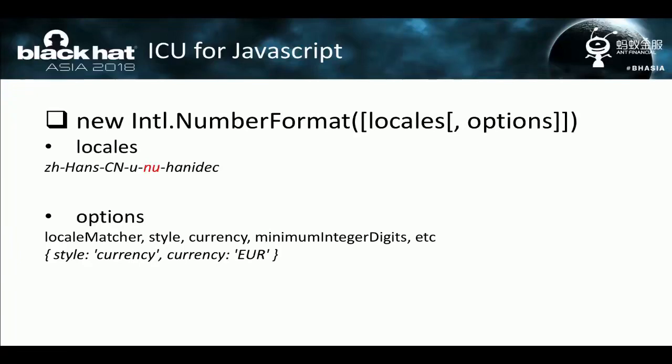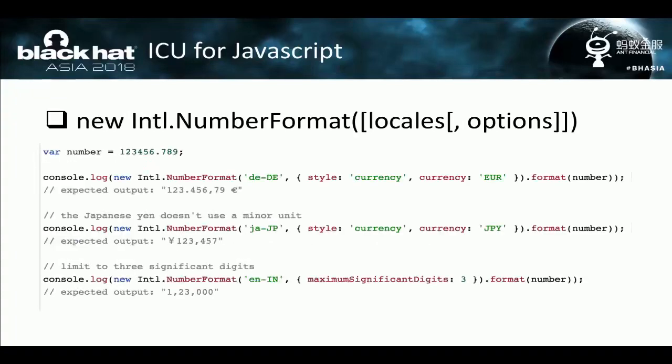In this number format, the properties can be locale matcher, style, currency, minimum integer digits, and some others. For example, we create a new number format with de-DE as the locale, currency as the style, and EUR as the currency.